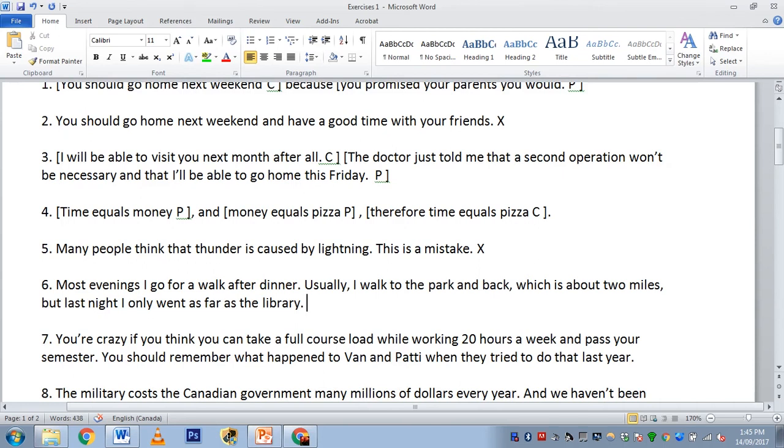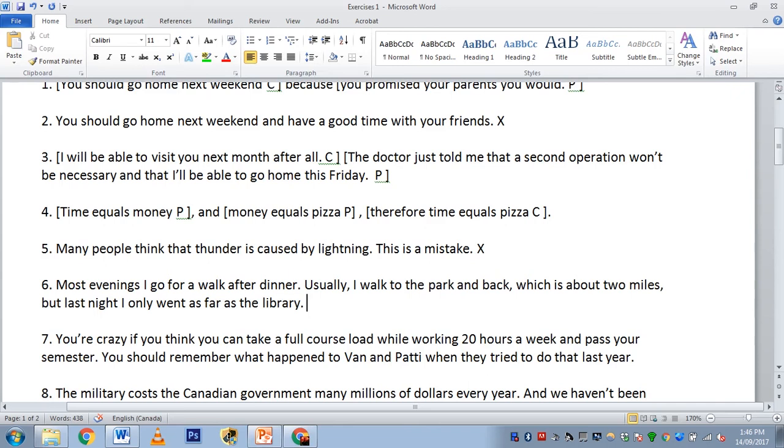Yeah? So I just had a question about the previous one. Sure. When I was thinking about it, could it be stated as an argument though? Many people think that thunder is caused by lightning, which is a mistake, because let's say we don't all have the same level of knowledge. Well, if it's an argument, there has to be a reason being given. So I take it that this is a mistake would be the conclusion.